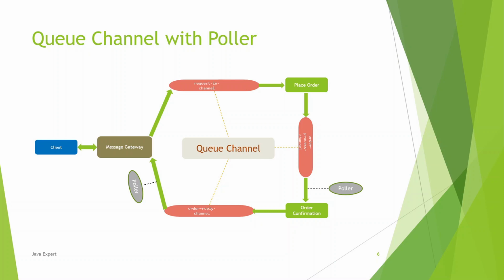If you want to persist permanently, you have to use some third-party message queues like IBM MQ, Solace queues, Kafka or RabbitMQ, and integrate them with Spring integration. That's where you can permanently persist your message queues. In our example, we're going to use only the in-memory QueueChannel just to demonstrate how the QueueChannel works. I hope you fairly understand how QueueChannel and Poller work together. Now let's get into the action.